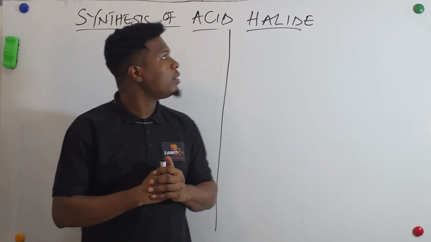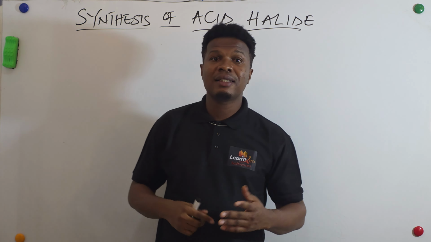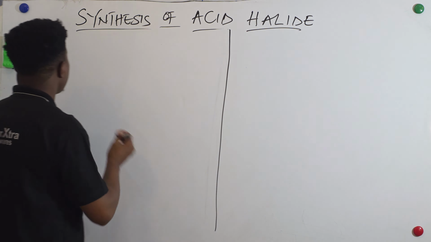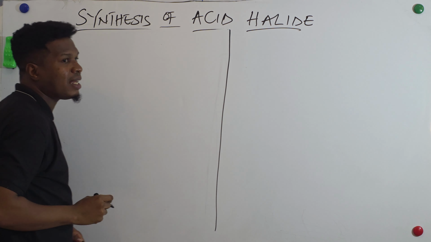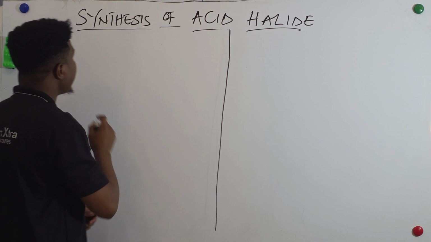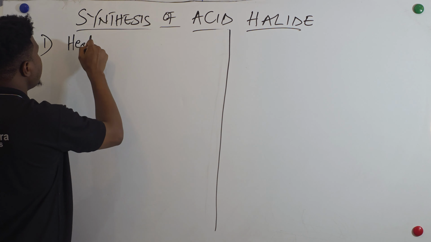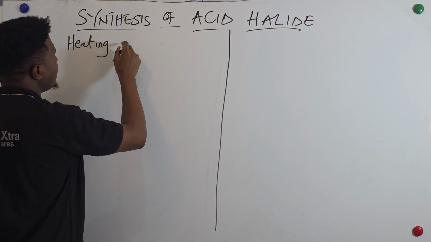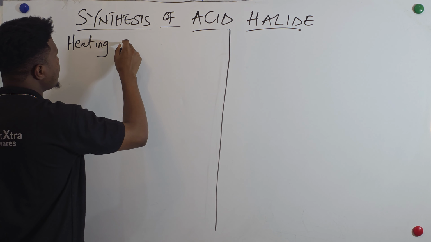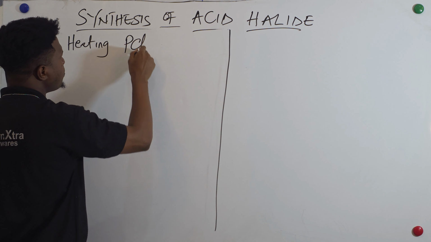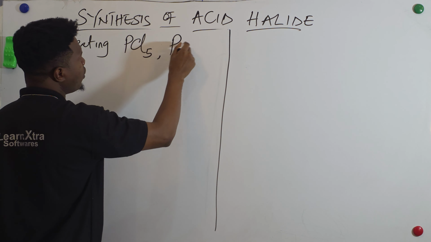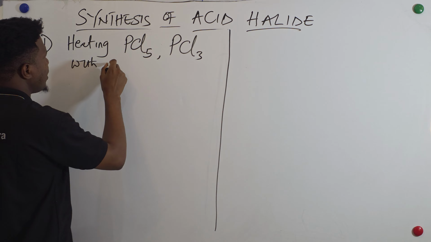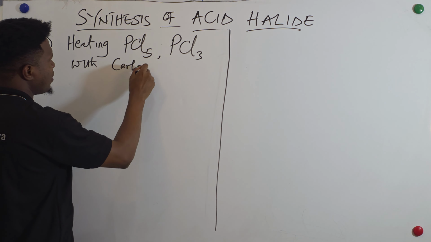So today we'll be looking at synthesis of acid halides or acid chlorides. The number one way we can synthesize an acid chloride is by heating carboxylic acids with phosphorus pentachloride or phosphorus trichloride.